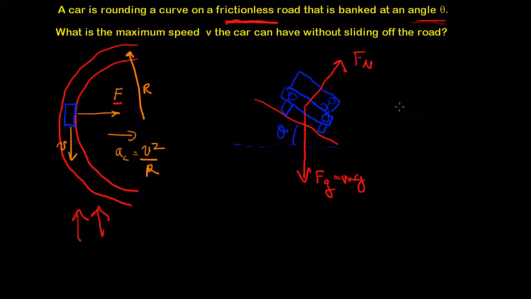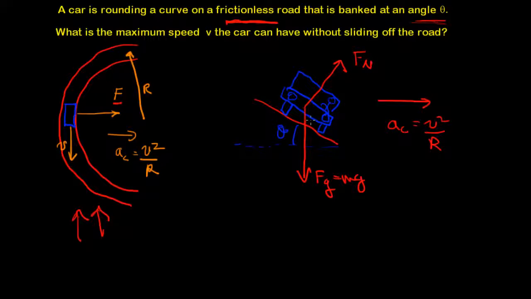Let's look at a few other questions. What's the direction of acceleration for this car? Can you answer that before I tell you? You might think about pausing here and seeing if you can figure out what that is. I'm going to tell you now: since it's a flat circle, the road is tilted, but the road is flat in terms of the direction of the circle, so the acceleration is actually towards the center of the circle, which is this way.